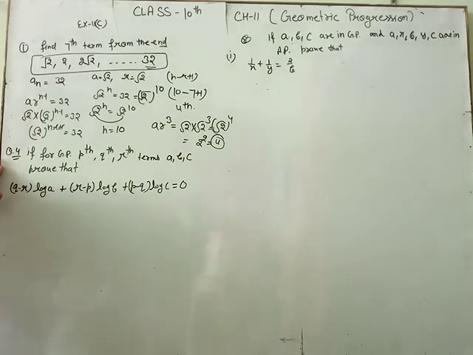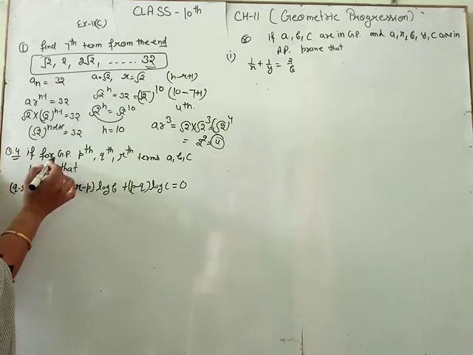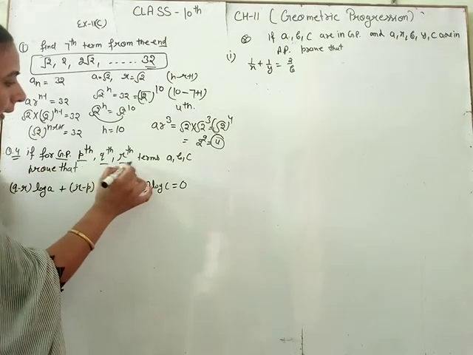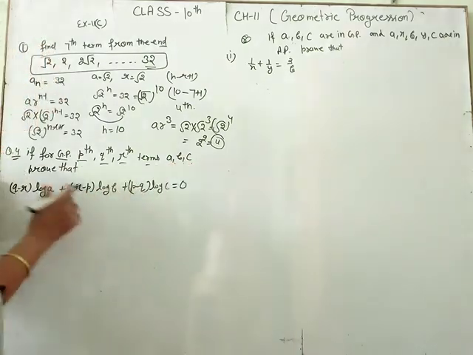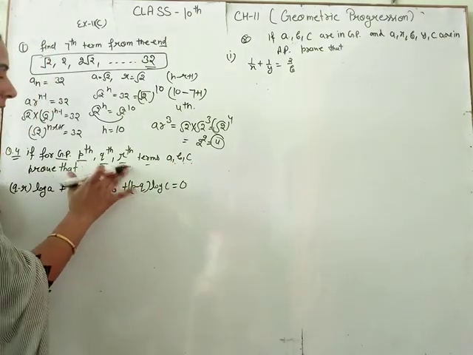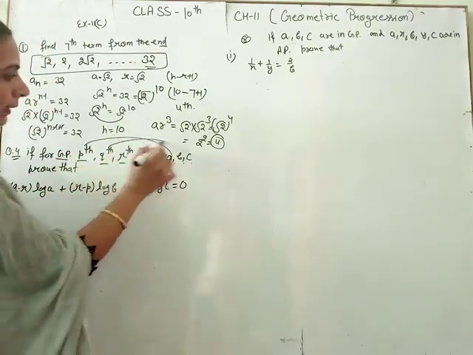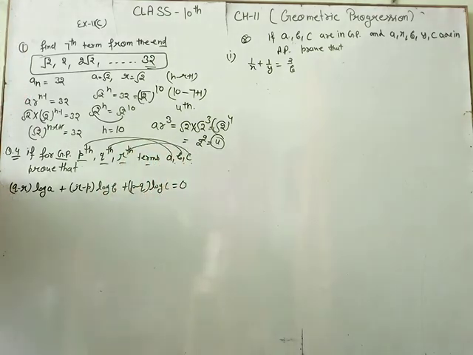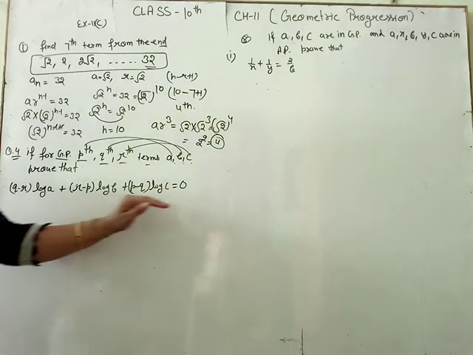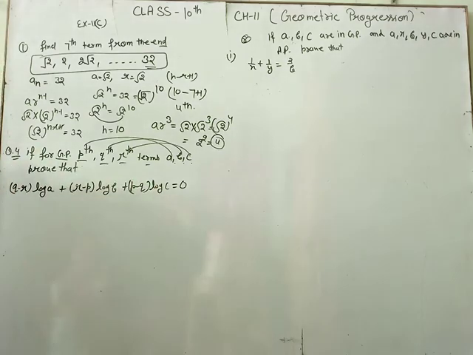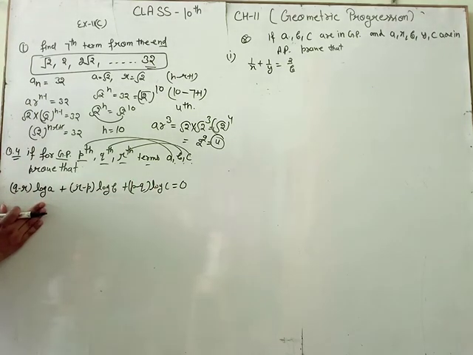Next is question number 4. If for a GP, the pth, qth and rth terms are A, B, C, prove that this equals 0. Students, we write this according to the logarithm system.